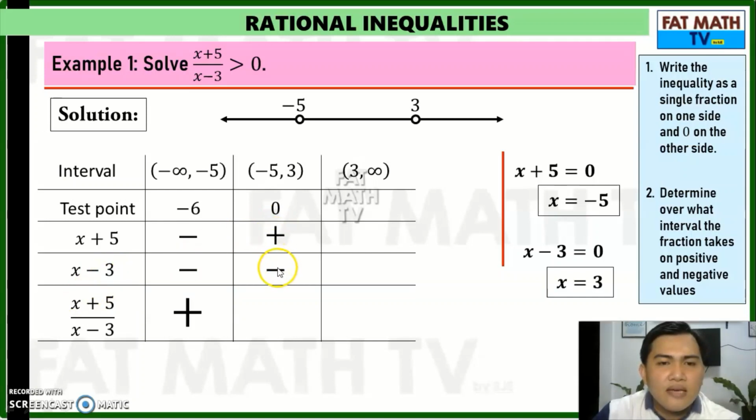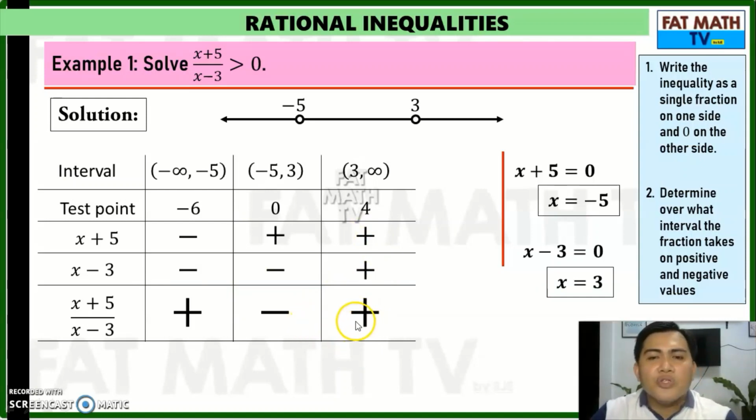A positive divided by a negative is a negative, so (x + 5)/(x - 3) is negative. For the last interval, let's choose 4. 4 + 5 is 9, a positive. 4 - 3 is 1, a positive. And positive divided by positive is positive.